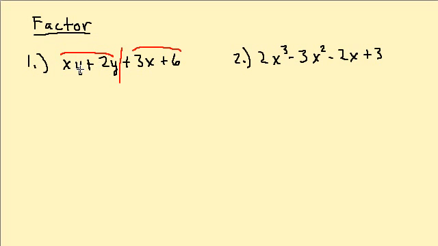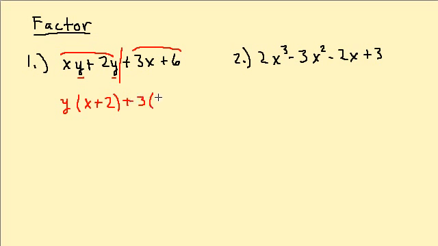So out of the first one, notice I can factor out a y. So I have y times x plus 2, and then out of the 3x plus 6, factor out a greatest common factor. I can factor out a 3.